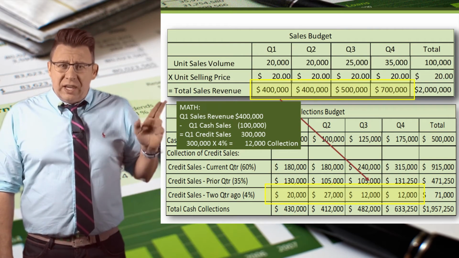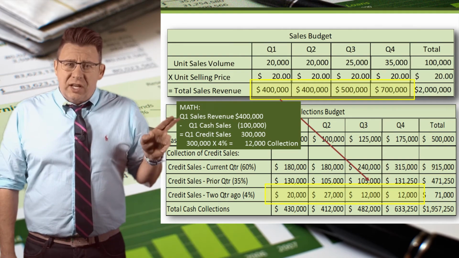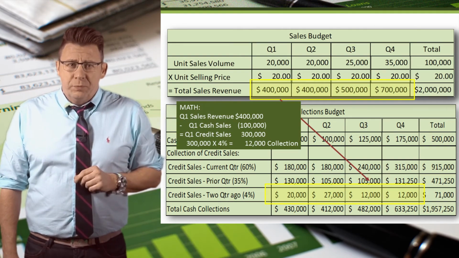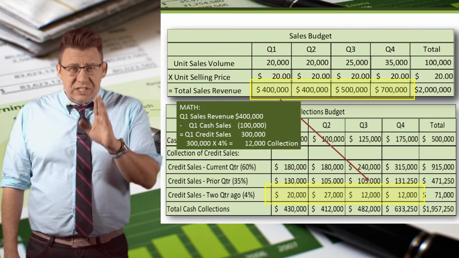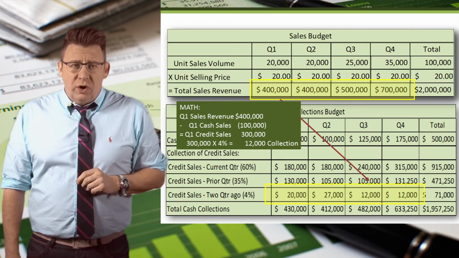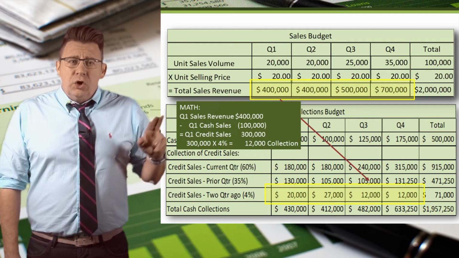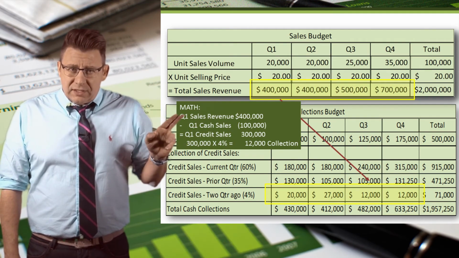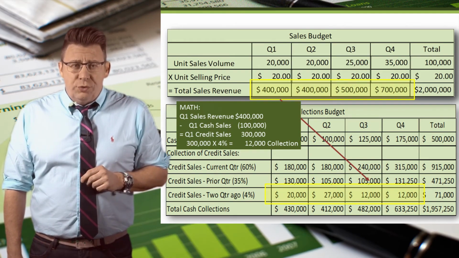So the cash collections for Q3 are as follows. Q3 cash sales, $125,000. Q3 credit sales, of which 60% is collected in Q3, is $240,000. Q2 credit sales, of which 35% is collected in Q3.